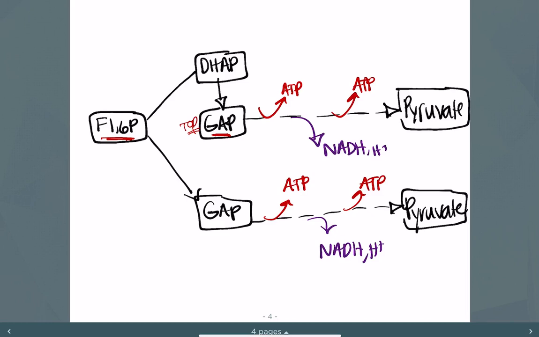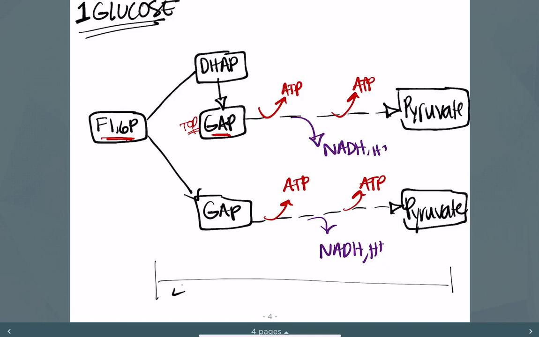So this picture helps make sense of why in the previous drawing I was doing that times 2 times 2. It's because literally there's 2 parallel pathways happening, where when you started at the very top with 1 glucose and you add up this final phase, what you get here is you ultimately get 4 ATP, because this GAP is actually running. There's 2 GAPs going through the exact same enzymatic processes. You get 2 NADH carriers, and you get 2 pyruvate.